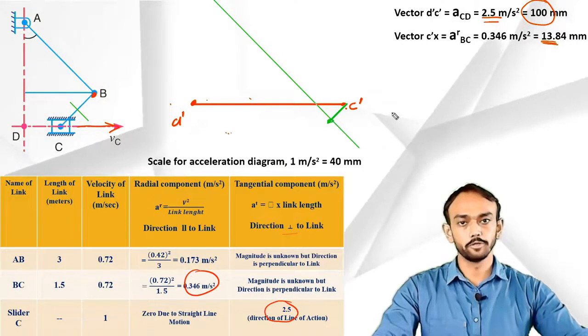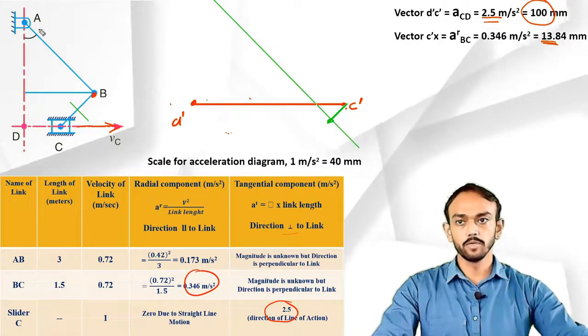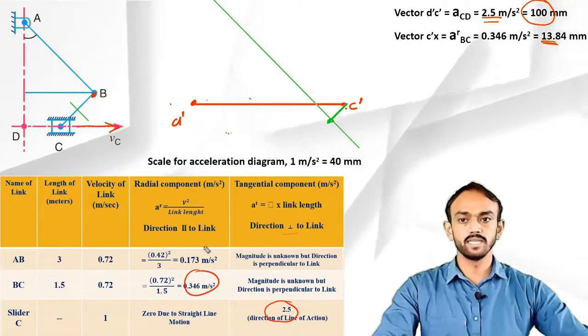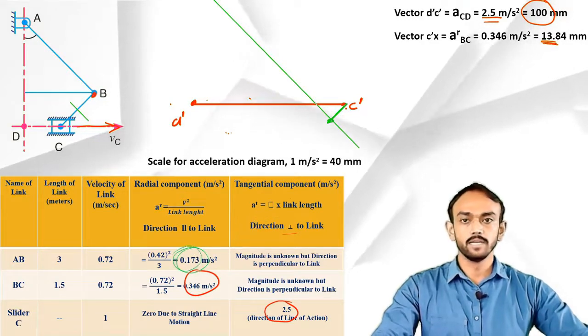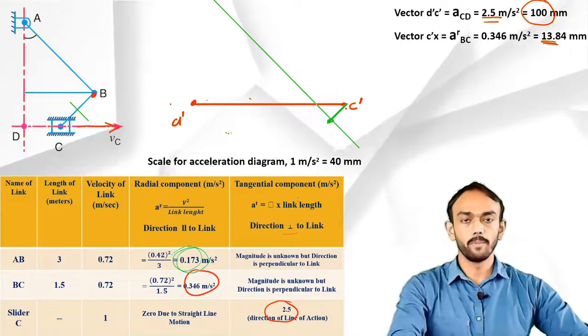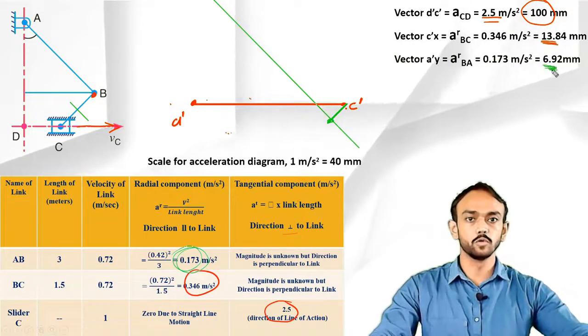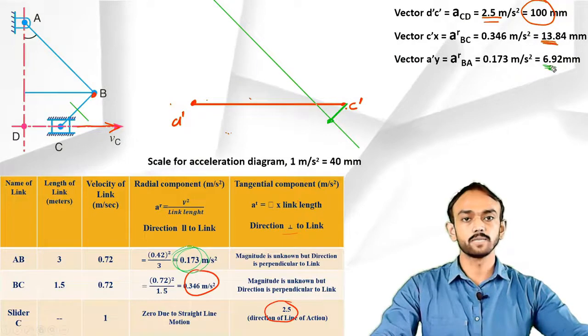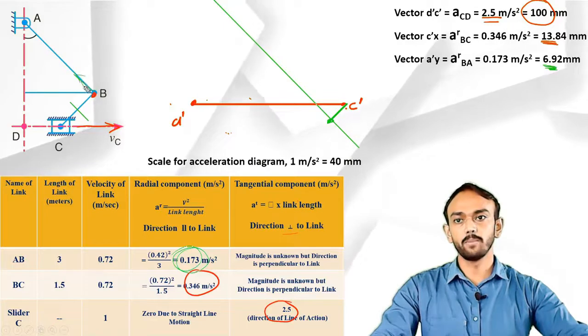I don't know the magnitude right now. Now this B with respect to A, you know the radial component. As you can see, the radial component is 0.173. So if you apply the scale, the value will be 6.92. So I have to draw in this direction parallel to the link.